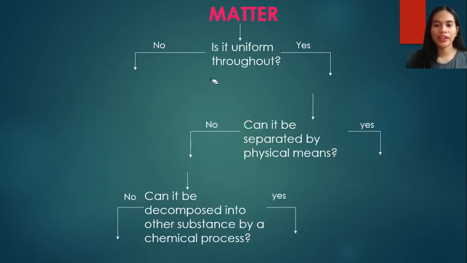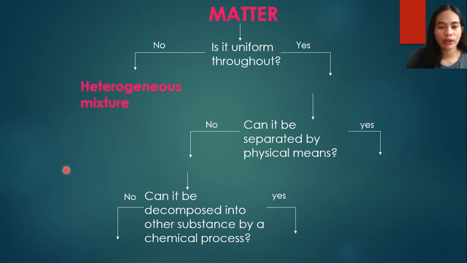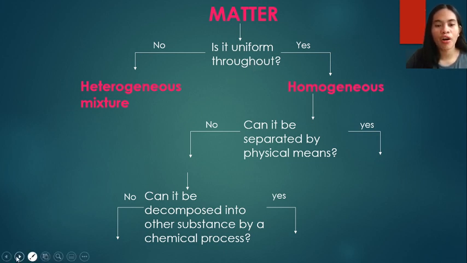Okay, so we have here matter. Is it uniform all throughout? If it is not uniform all throughout, then we call it a heterogeneous mixture. If it's uniform all throughout, then we call it homogeneous.